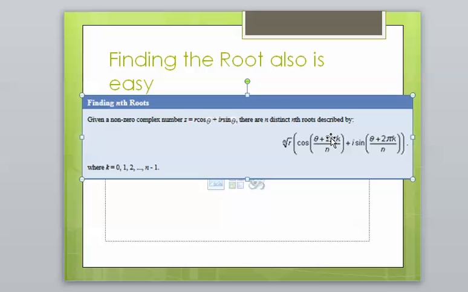So you're always adding 2 pi k and dividing by n. There could be multiple answers for this, but it still works out to be a fairly simple process. Just follow this rule. Raising to a power, not a big deal. Raising to a root, not a big deal. Don't worry about all the details in the lesson about how they go about finding it. It really works out fairly simply.